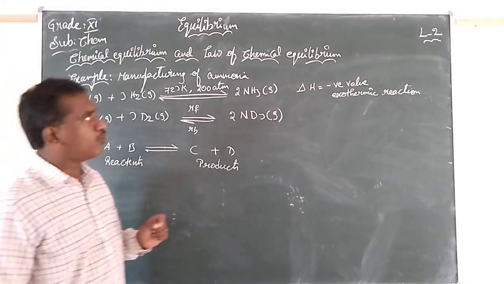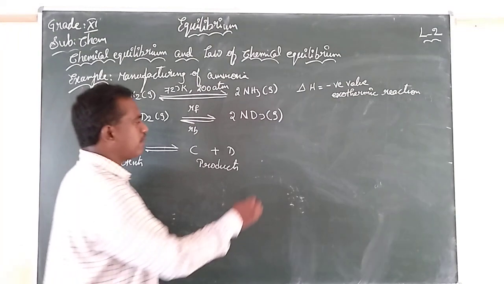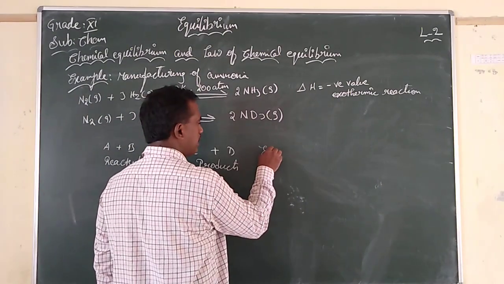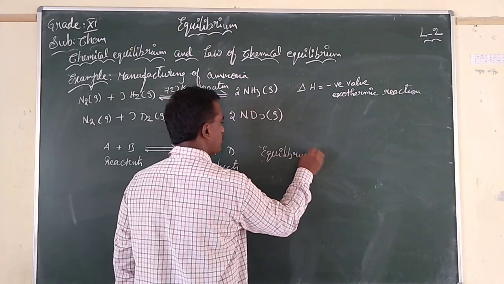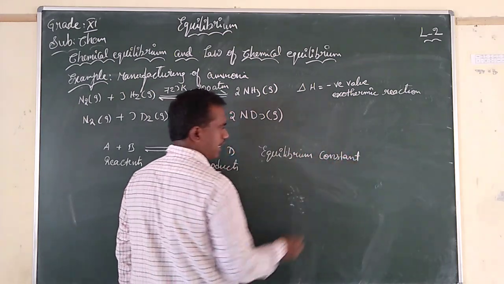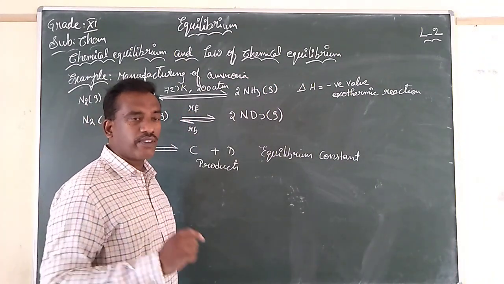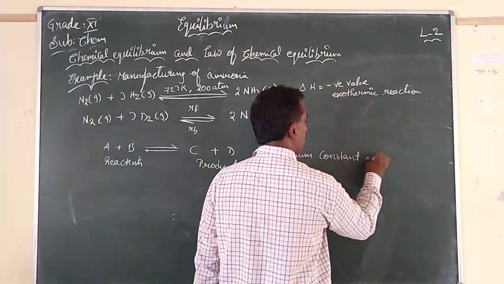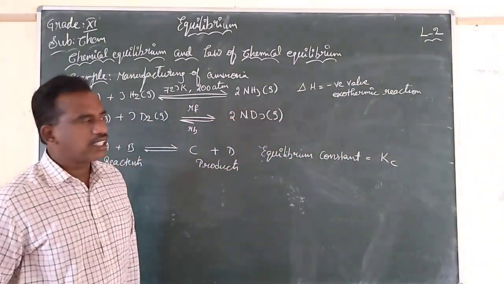We are bringing one term called the equilibrium constant. The equilibrium constant means at equilibrium there will be one constant value measured. The equilibrium constant during a chemical reaction is given as Kc.